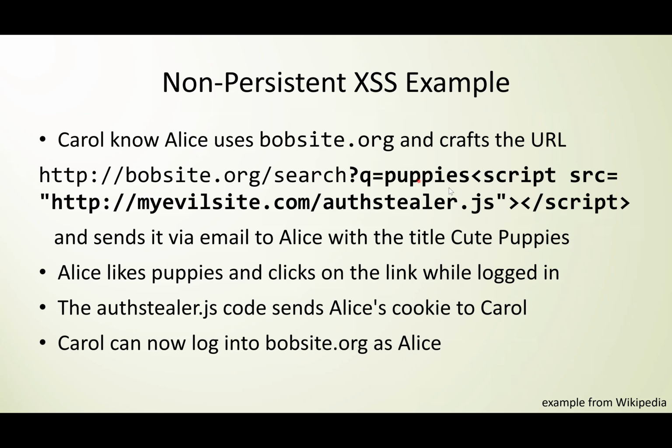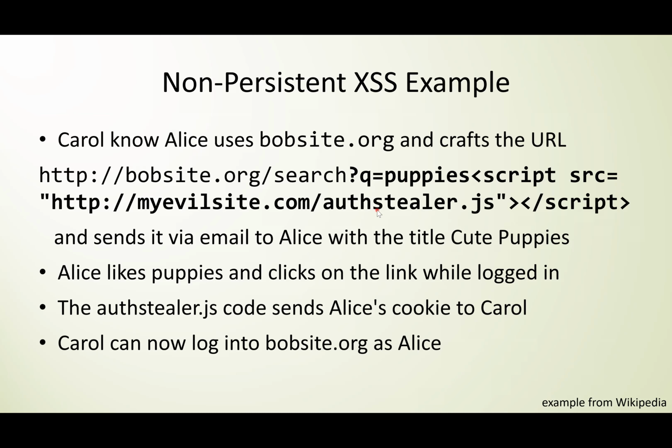So when you get the Bob site, she sends this to Alice. Alice, of course, thinks, oh, nice, title: cute puppy. So she clicks on that email, and it goes out to the website, and it shows her the puppies, but it also executes Carol's JavaScript that she hid in there.